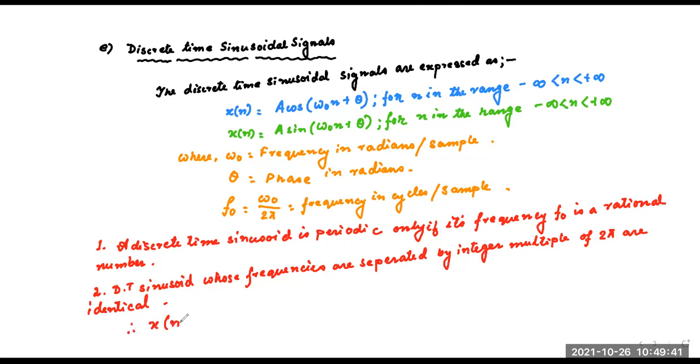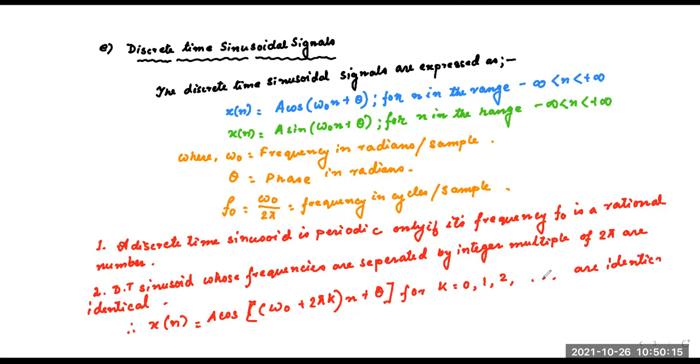That means x of n equals to A cos of (omega 0 plus 2 pi k) n plus theta, for k equals to 0, 1, 2, and so on, are identical in the interval minus pi to plus pi for omega 0.